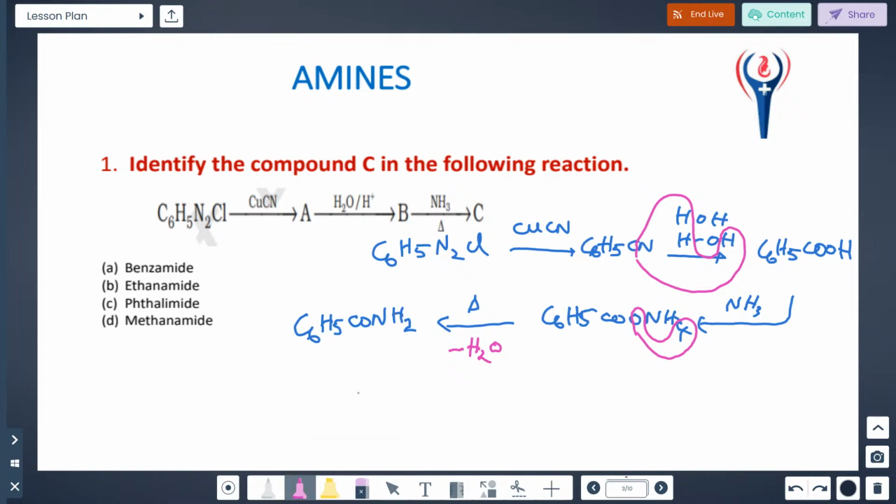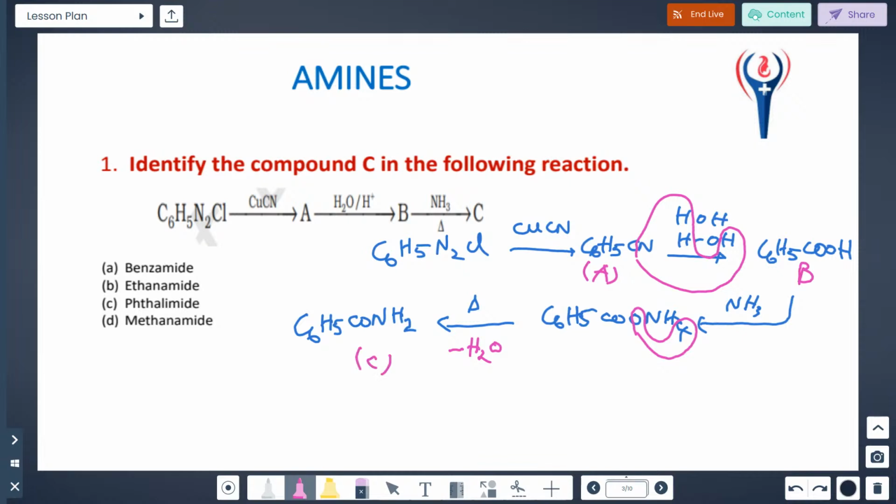When you add cuprous cyanide, we get phenyl cyanide. This is called compound A. Then hydrolysis gives the acid. This is called compound B. Then it reacts with ammonia to form ammonium benzoate. Again followed by heating, we get benzamide. This is compound C.